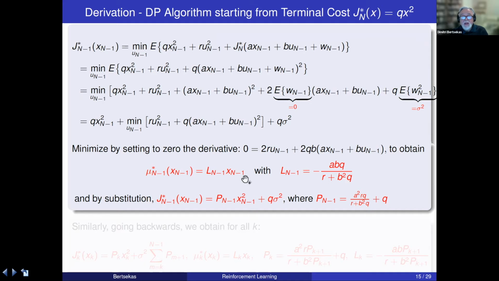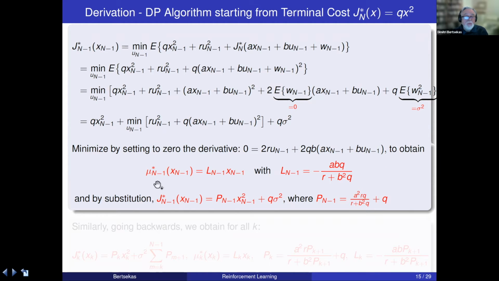And you can see that it is equal to L_{n-1} times x_{n-1}, where L_{n-1} is obtained by solving this equation, collecting terms that involve u and solving. So this is what we have obtained from the first stage of dynamic programming, a linear policy, which we can plug in here and do all the calculations.